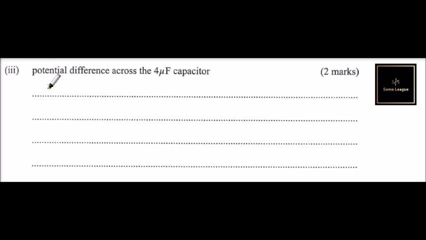Roman number 3, we are supposed to get the potential difference across the 4 microfarad capacitor, and we say this V, that is the potential difference, is the charge divided by the capacitance. This is equal to, we have found in the previous part, number 2, 1.332 multiplied by 10 to power minus 5, that is the charge.